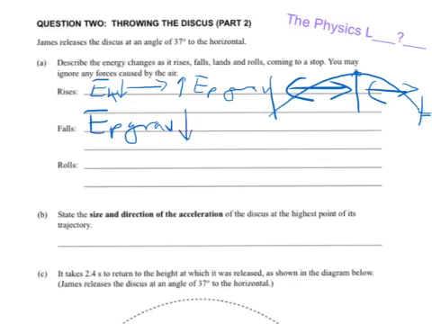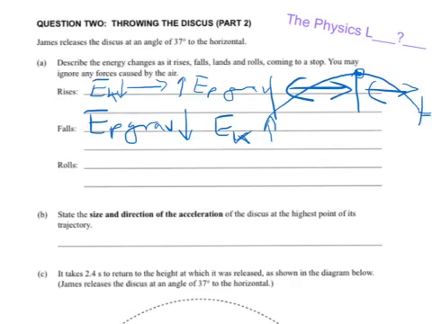It's going to start to decrease, and kinetic energy will continue to increase from the top down. Kinetic energy will be a minimum at that top. That's quite important to note. It won't be zero because you've got the horizontal velocity continually.